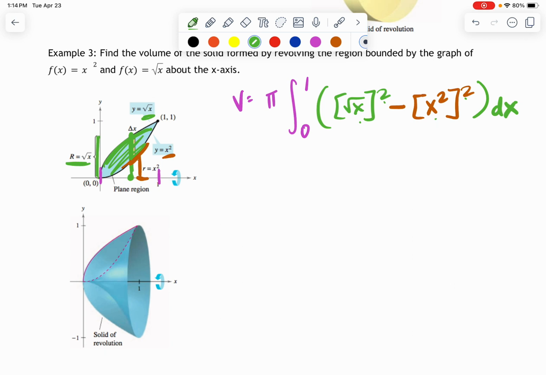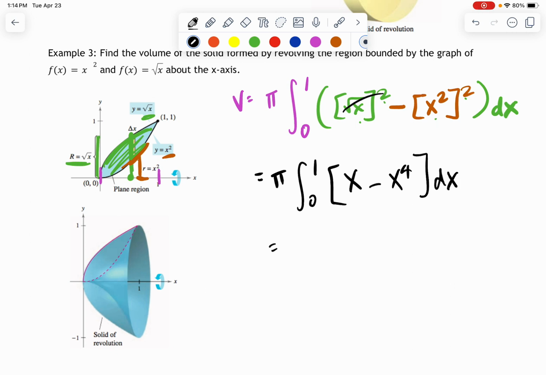I can now evaluate. So volume is pi from 0 to 1 of square root and squared cancel, so that's x minus x to the 4th, and I'll integrate. So x squared over 2 minus x to the 5th over 5.